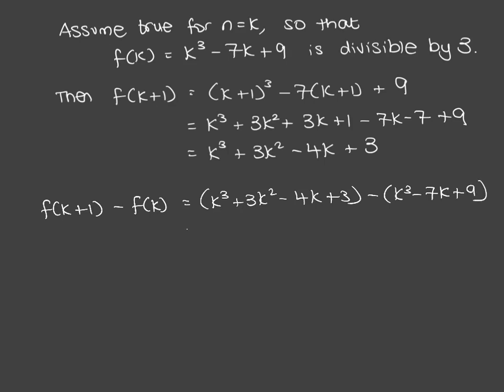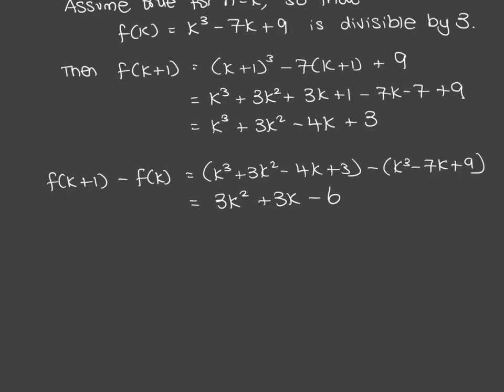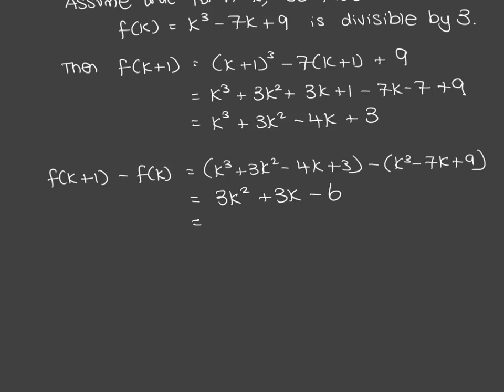And if I do that, I end up with 3k squared plus 3k. 3 minus 9 is minus 6. So actually, it's now pretty obvious that that's going to be divisible by 3. If I just factorise it by 3, I don't need to factorise anymore.